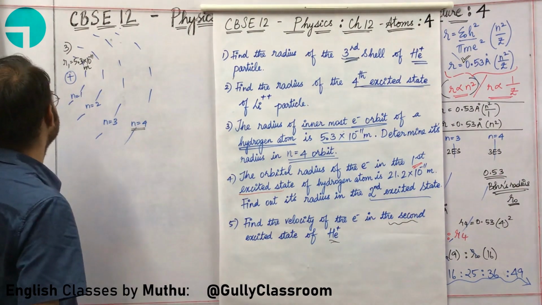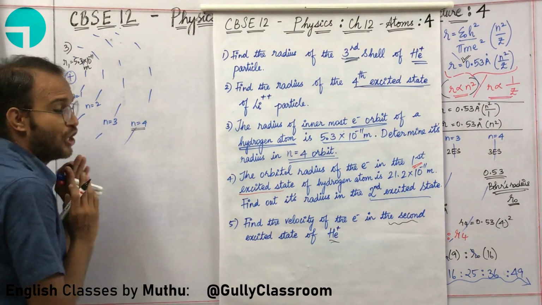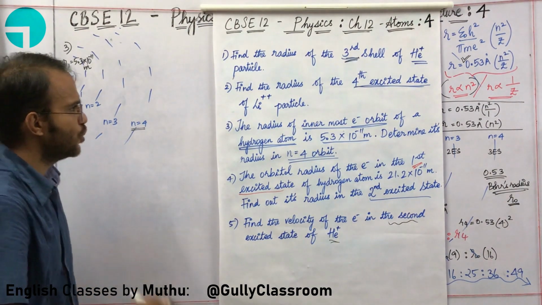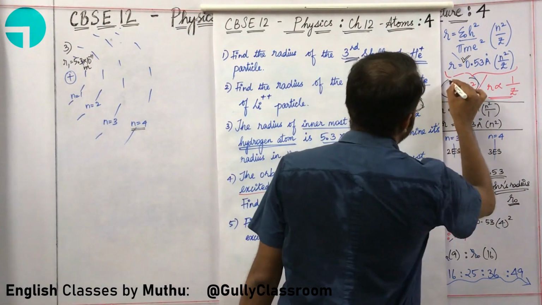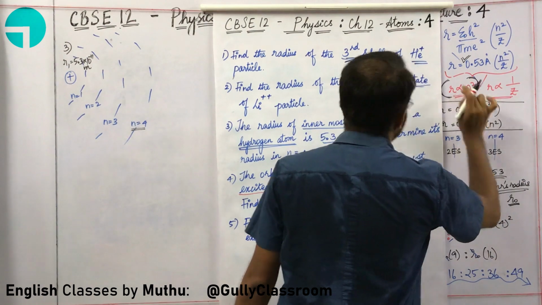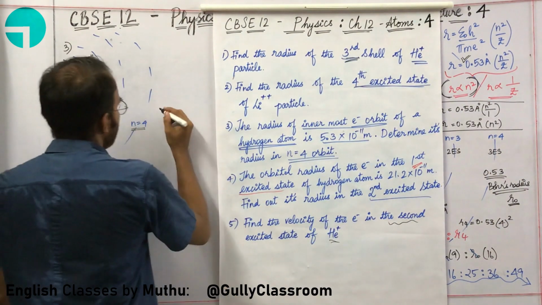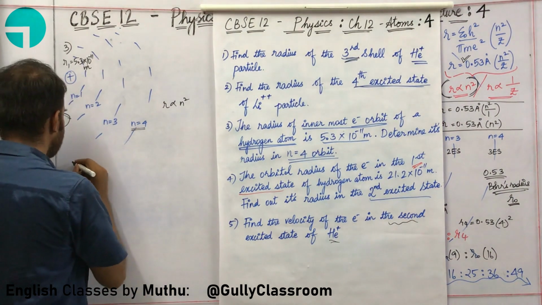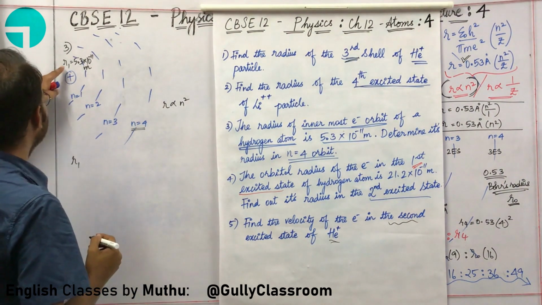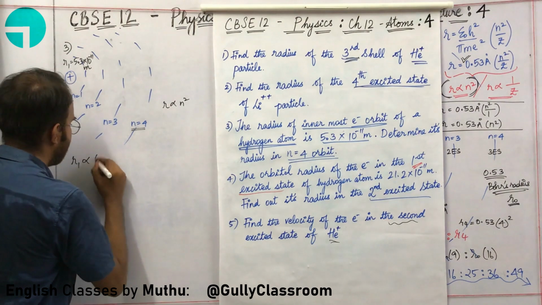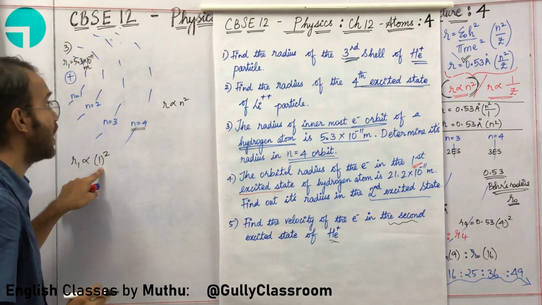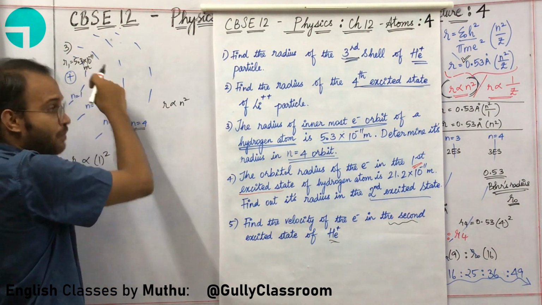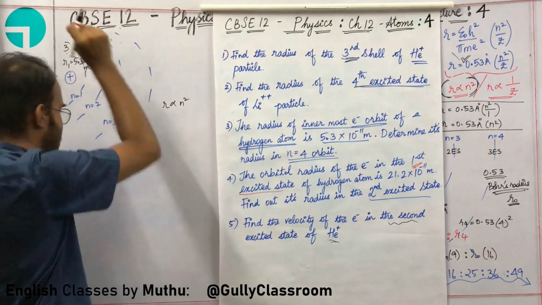How are you supposed to find this particular value? In order to do this problem, we are going to use the proportionality idea. R is directly proportional to n square, which means R1, the radius of the first orbit, is directly proportional to 1 square, because 1 is the quantum number in the first orbit.